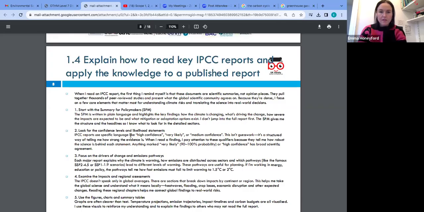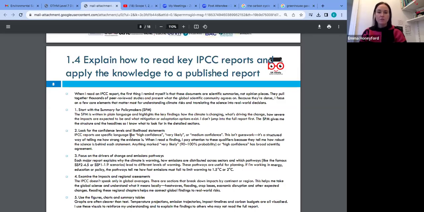So the second part of this is to look for the confidence levels and likelihood statements. The IPCC reports use specific language like high confidence, very likely, or medium confidence when they draw conclusions. So this isn't guesswork, there is a meaning behind these categories. It's a structured way of telling us how strong the evidence is.